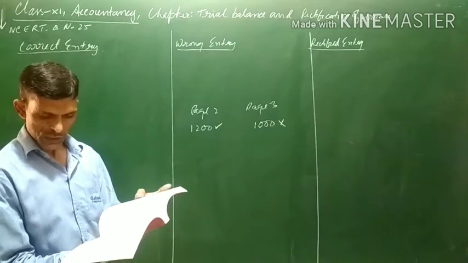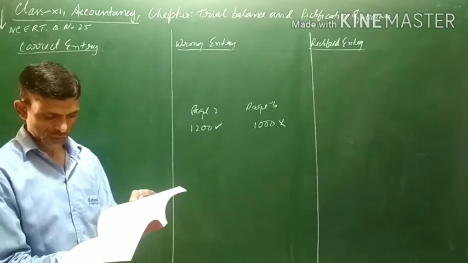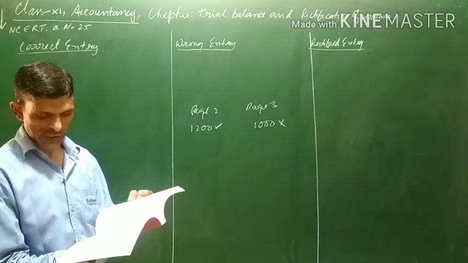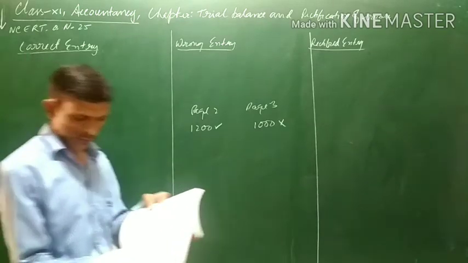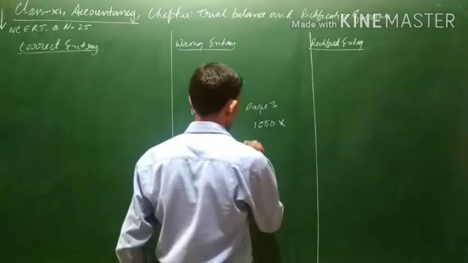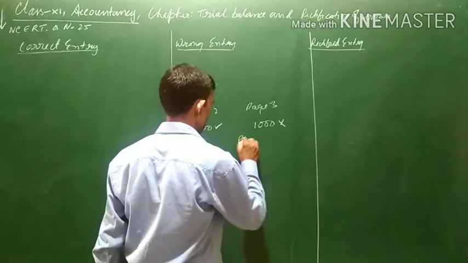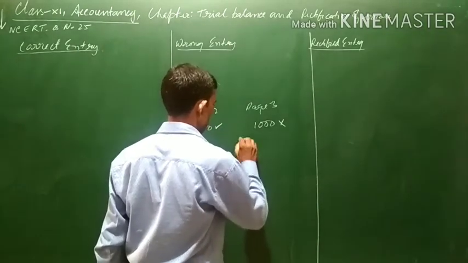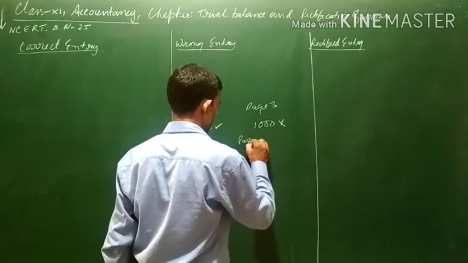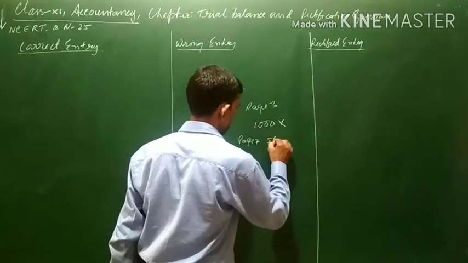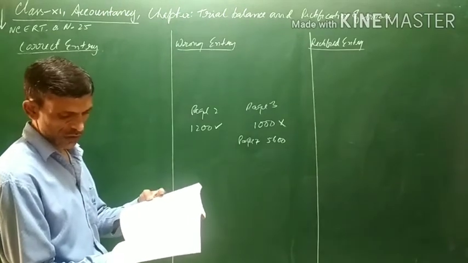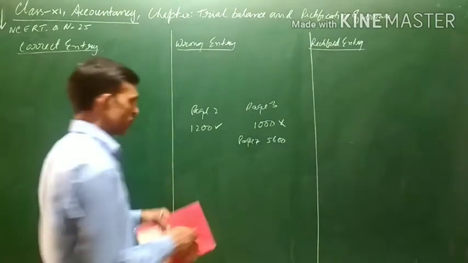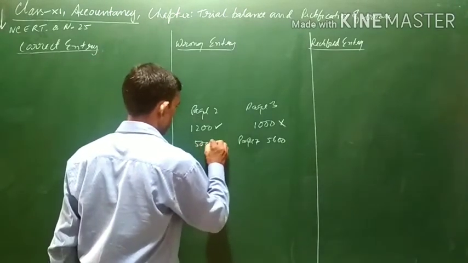Next, it is given that total of page number 6 was carried forward to page number 7 as 5600. Now, come to page 7. In page number 7, it is written as 5600 instead of 5000.